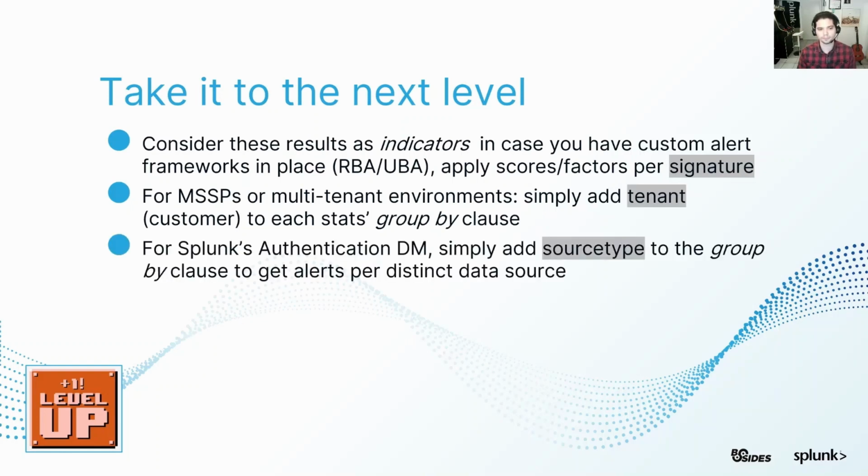Same applies for users or customers using the authentication data model. If you want to split those detections, it makes sense to split them by source type. You just add the source type to the group by clause. If you want to scale, you need to use macros or lookups for dynamic thresholds based on different environments, data sources, or customers, right?